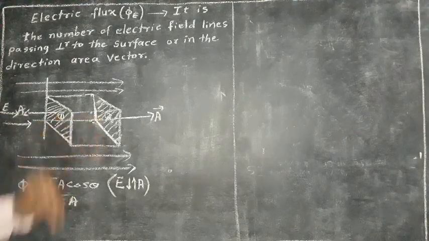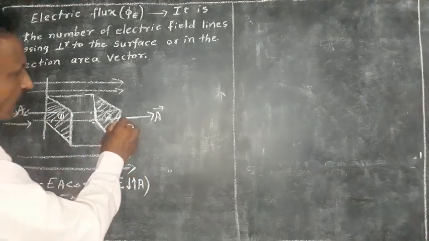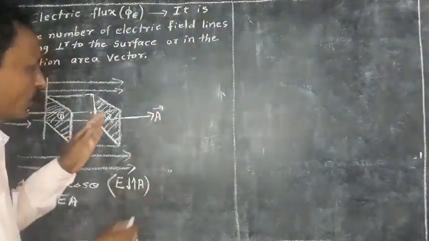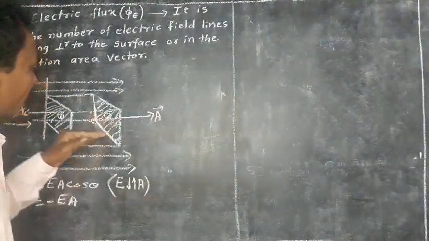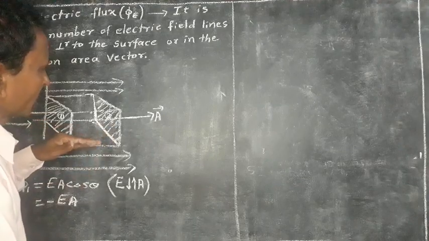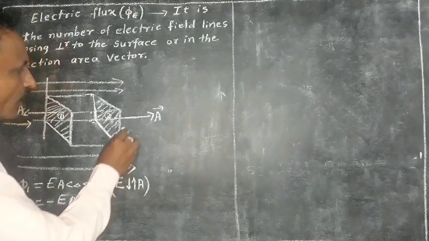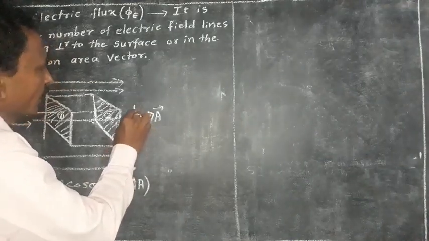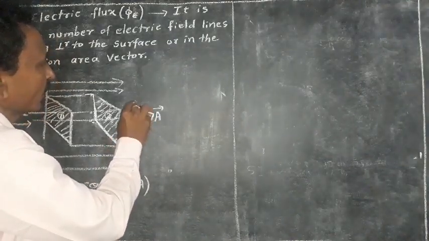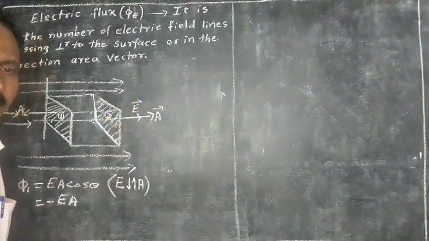And for the second surface, the field vector is normal to the surface and along the area vector. Therefore, E and A both are in the same direction.